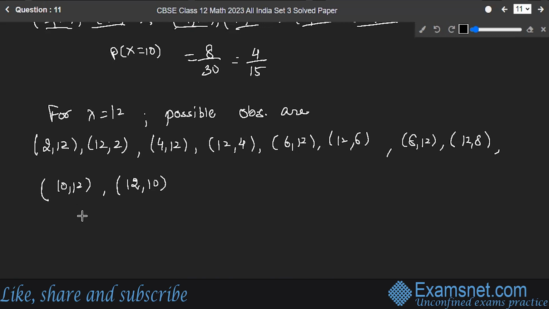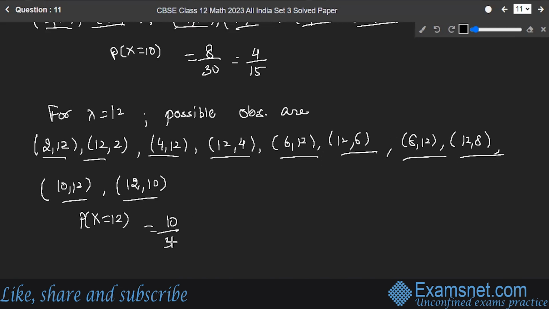Right. So the probability that x is equal to 12 is 10 upon 30, so 1 by 3.